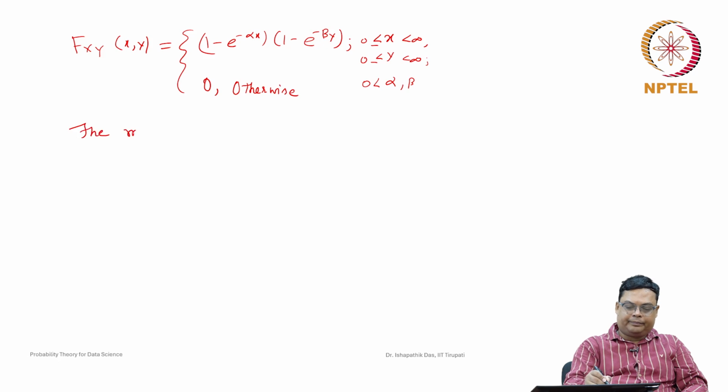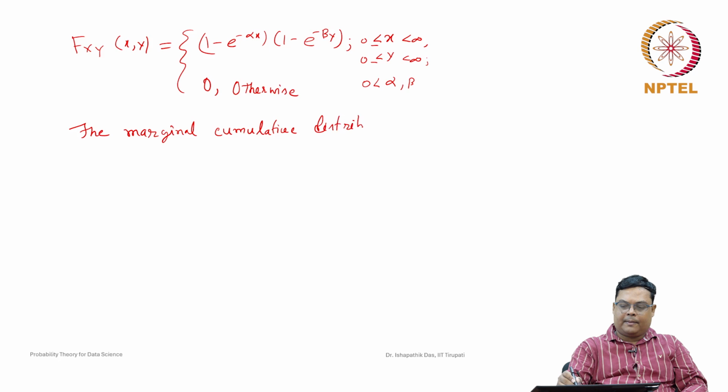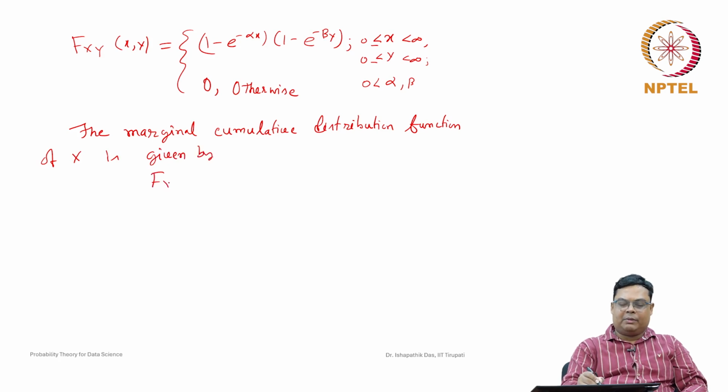The marginal cumulative distribution function of X is given by F_X(x), which is nothing but the probability that X is less than or equal to x.